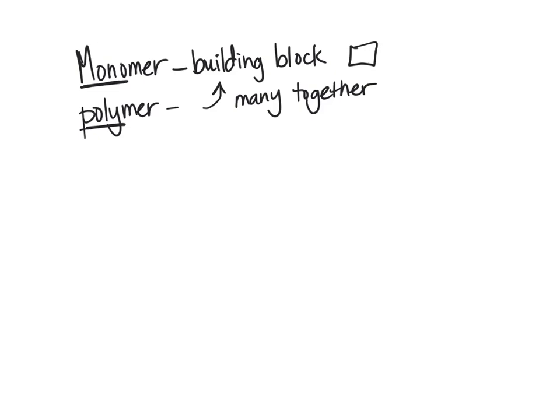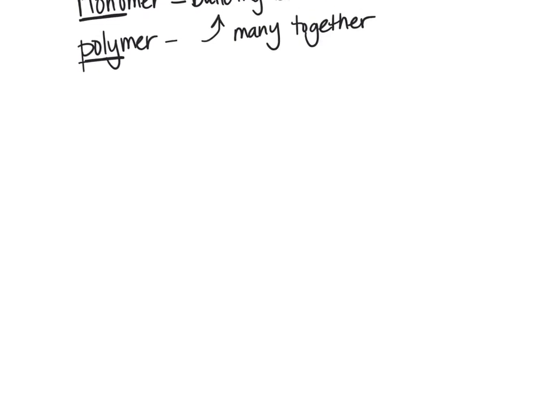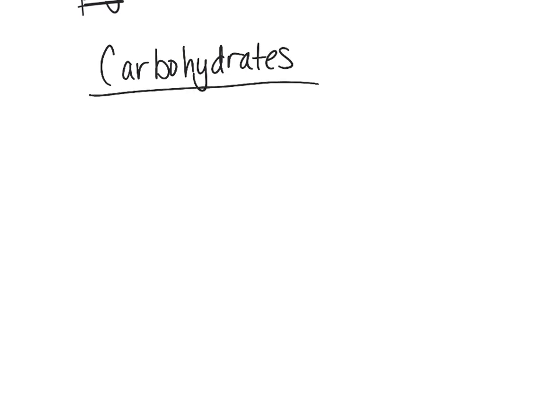So if we're getting now into our carbohydrates, our monomer for the carbohydrate, our basic unit, is called a monosaccharide.